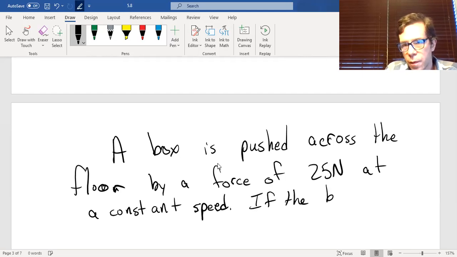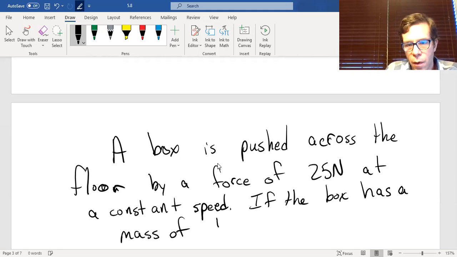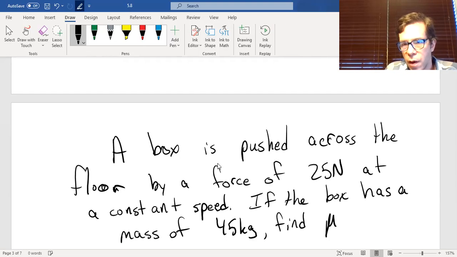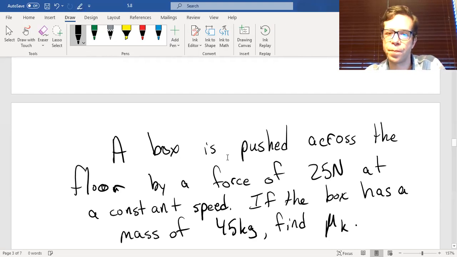If the box has a mass of 45 kilograms, find the kinetic coefficient of friction.